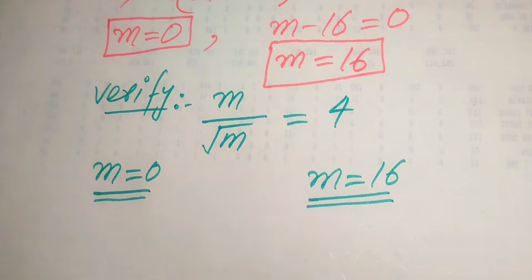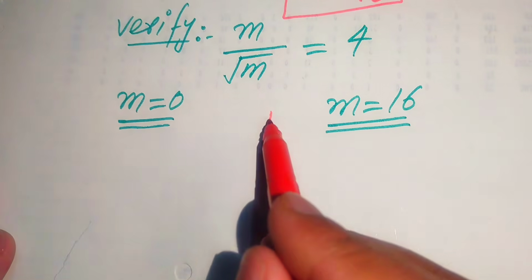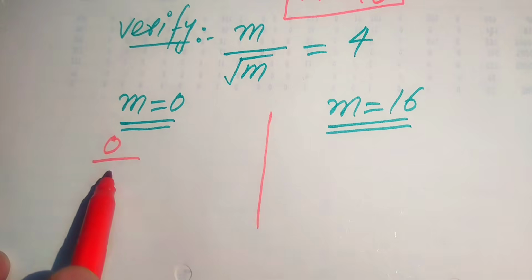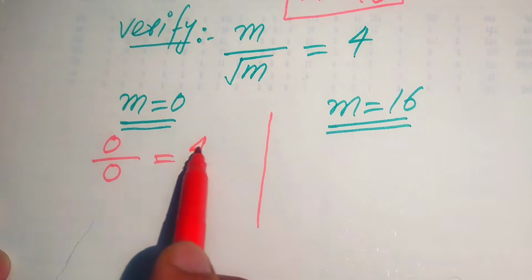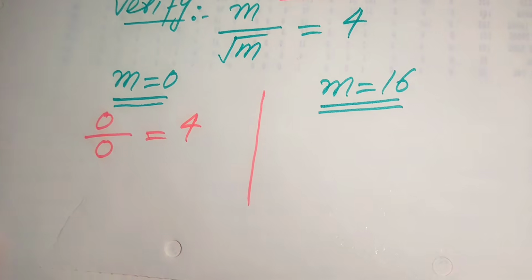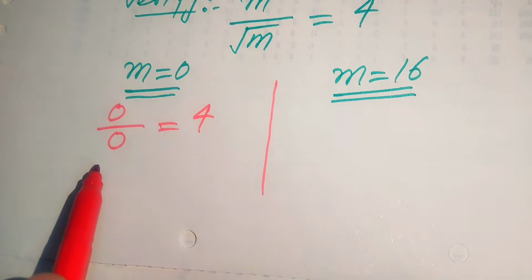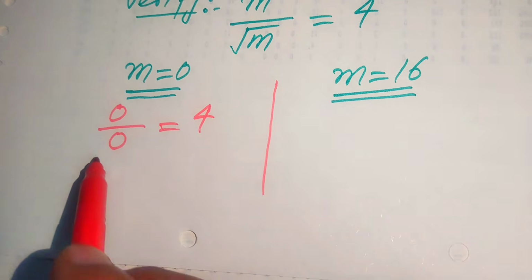First we verify m is equal to 0, and for this we substitute m is equal to 0 into the left hand side, and we check its behavior. When you put it here it becomes 0 divided by square root of 0, which is 0 over 0, and this is equal to 4. You see here in the left hand side we get the 0 over 0 form, which is usually called the indeterminate form, or we call it undefined.